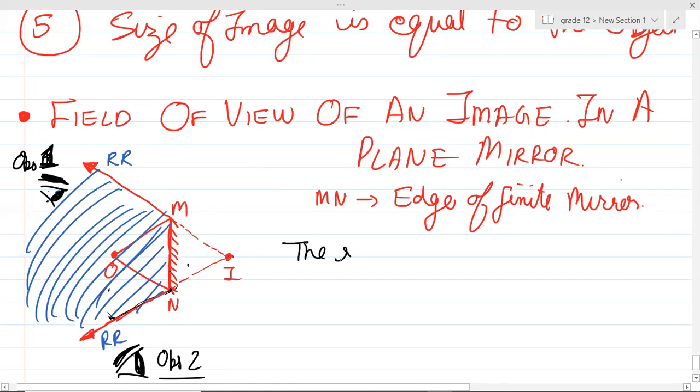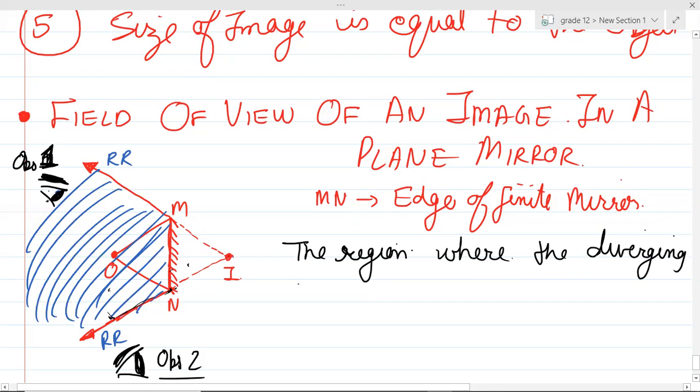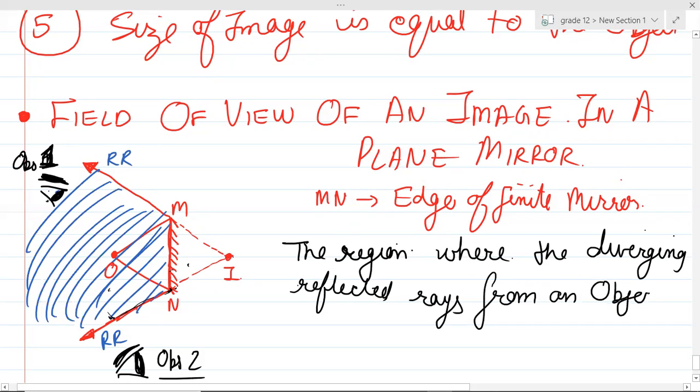It is the region where the diverging reflected rays from an object or image are present.